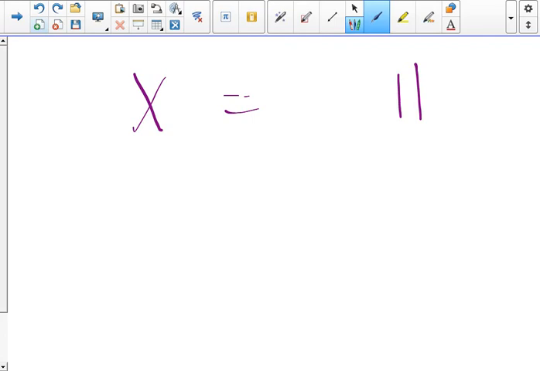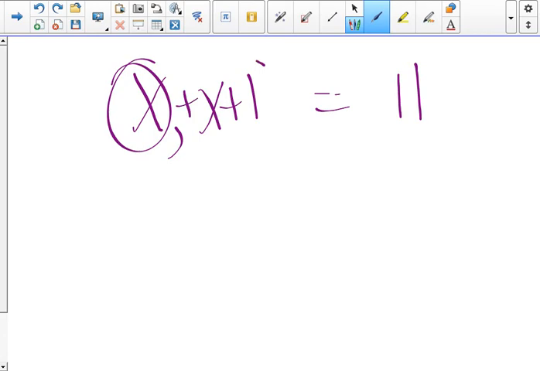So we know we've got 2 numbers, and they're consecutive. It means one right after the other. So wouldn't that mean one number is x and the next number is x plus 1? Right? See, 2 consecutive numbers, x plus x plus 1 is equal to 11.